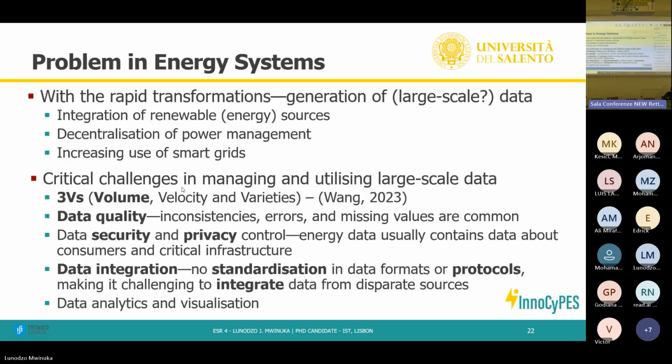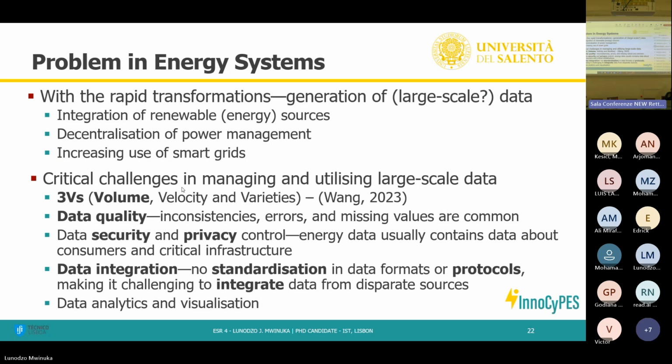Looking at this again in the energy domain, we have already looked at the amount of data that we are generating. So there is already a challenge with the amount of data we generate, but also with reading and managing it. You have to go through a lot of procedures if you want to read them.